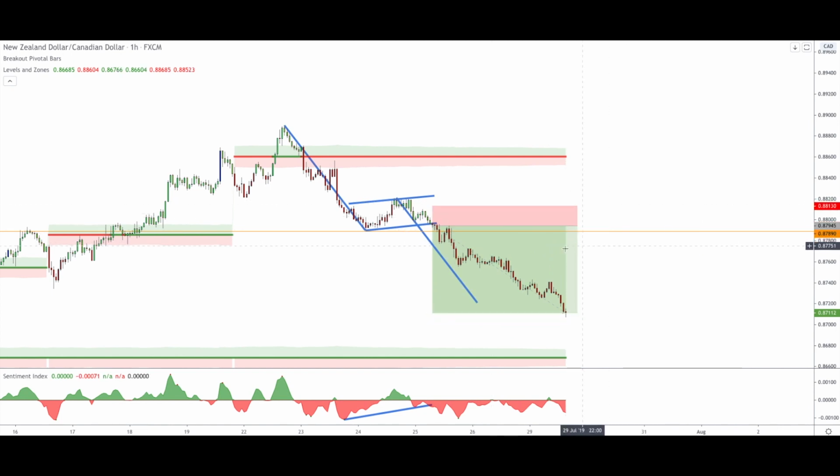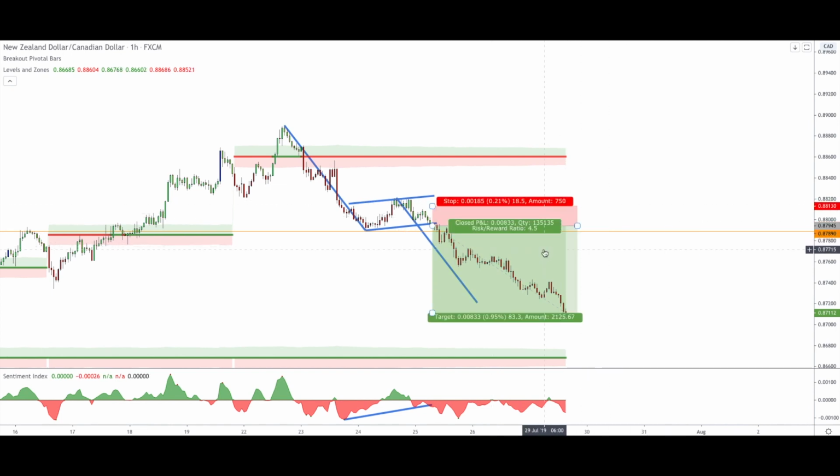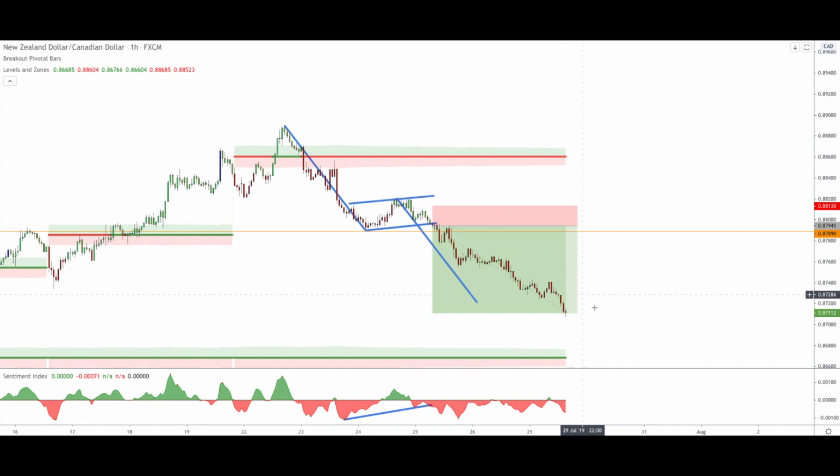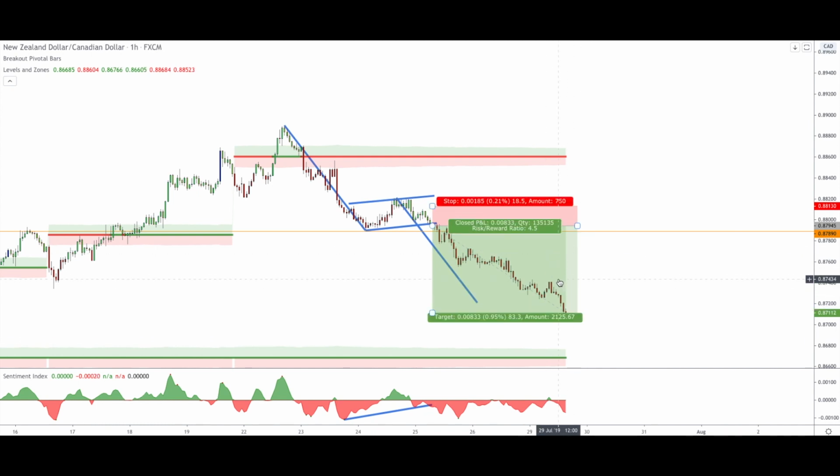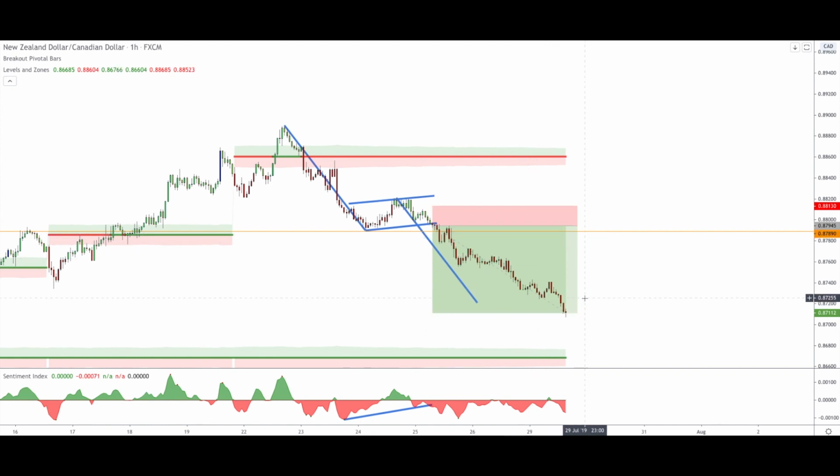Sometimes it is just a 2x return, sometimes it's a bit higher. 4.5 is really excellent. We even got it a bit higher than our initial target, which was 4. So I'm really satisfied by this trade.